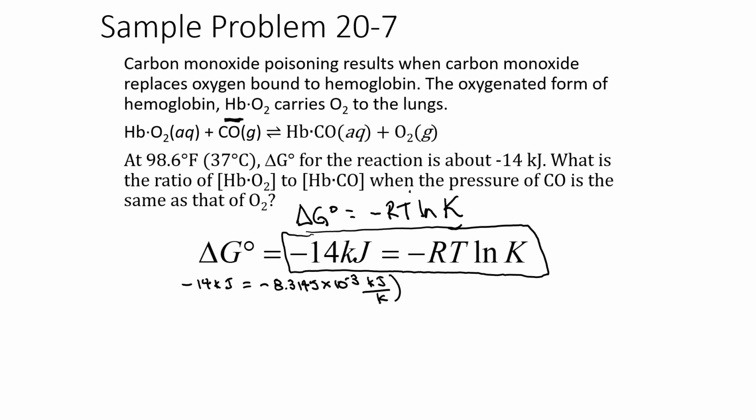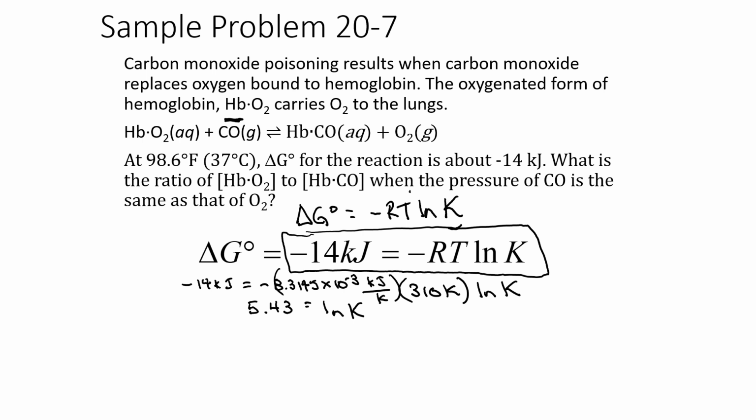Remember, we have to use the right R, times our temperature, which is 37 degrees Celsius, or 310 Kelvin. We've got to get in Kelvin. And then I'm going to do the natural log of my K. I'm going to move some stuff around algebraically, and I get 5.43 is equal to the natural log of K.